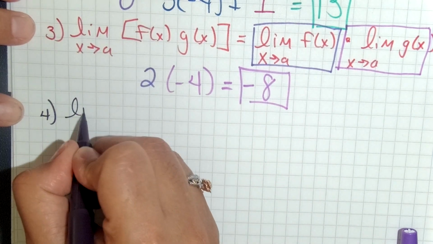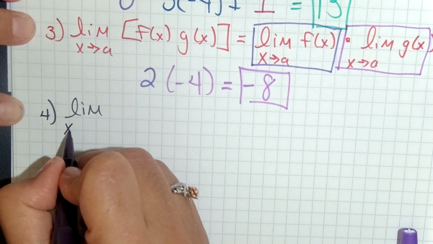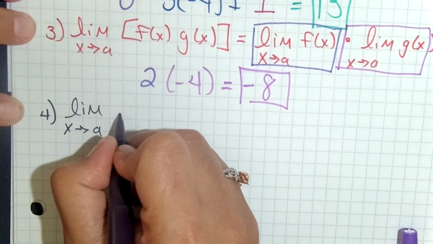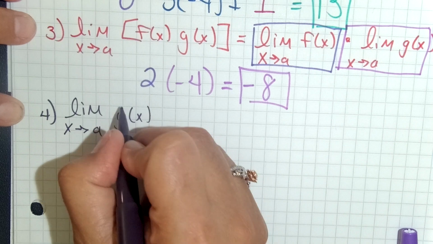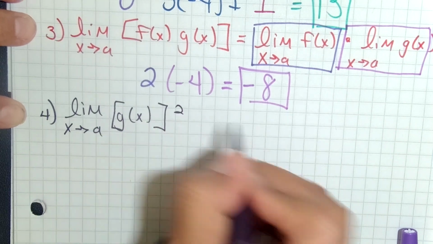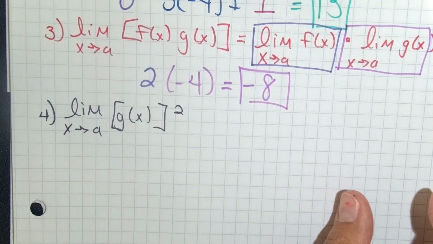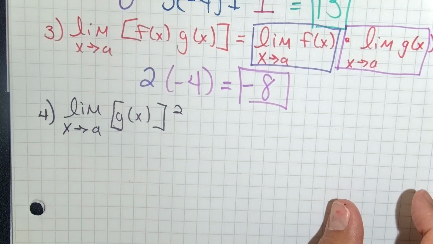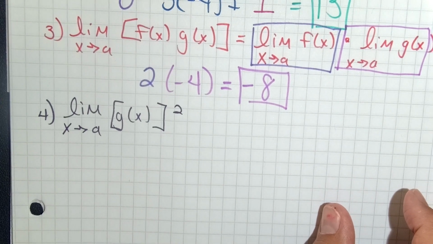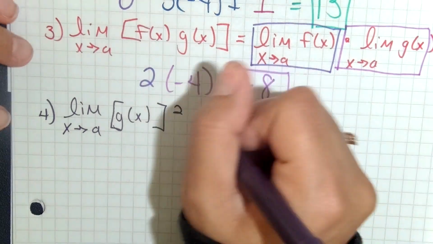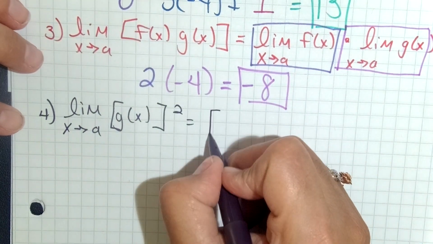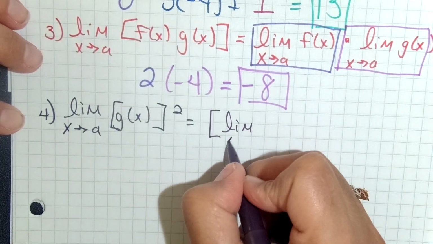All right, number 4 says the limit as x approaches a of g of x quantity squared. Now I don't have a rule for this, but what do we think we're going to do to the whole limit?